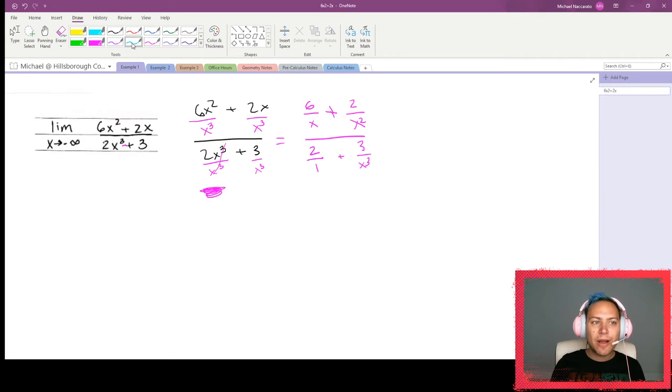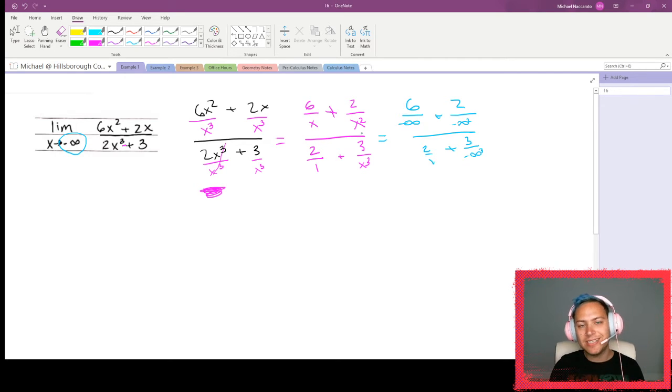Well, now what we can think about is what is the limit as x is approaching negative infinity. So I can plug in negative infinity now. So I have 6 over negative infinity plus 2 over negative infinity squared over 2 over 1 plus 3 over negative infinity cubed.